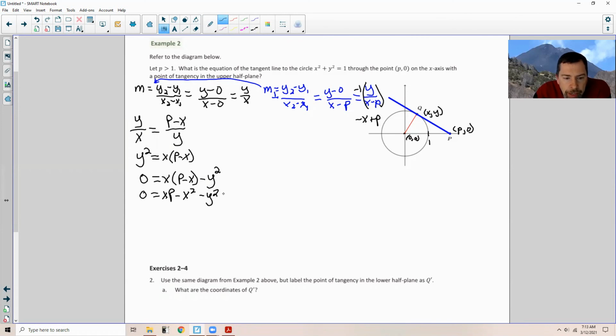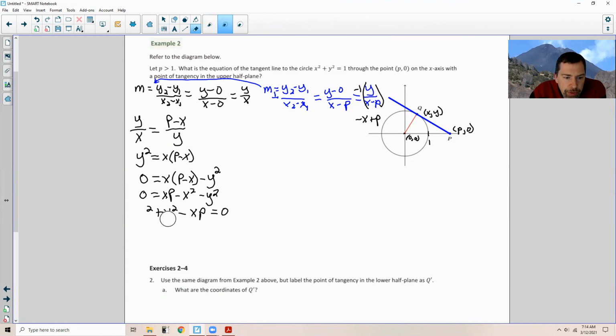Now I can multiply everything by -1, or think about moving everything over to the other side, and we get y squared plus x squared minus xp equals 0. Let me put those in the right order now.